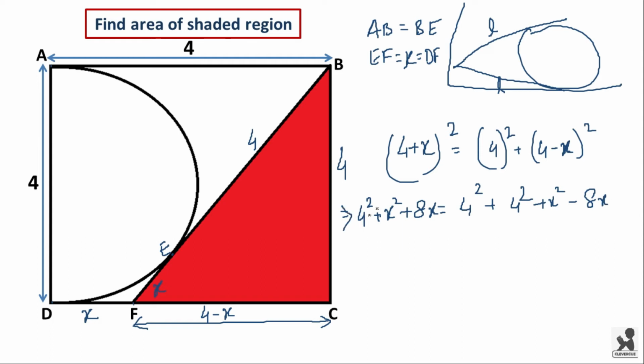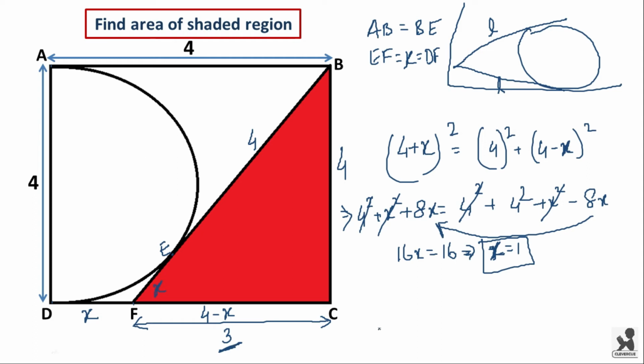Now from this we can see that 4² gets cancelled with 4², and x² gets cancelled with x². If we bring 8x to this side, that is, by adding 8x on both sides, we get 16x is equal to 4², that is 16. From here we calculated the value of x to be 1. So x is equal to 1. If x is equal to 1, the length of FC will be equal to 3 units.